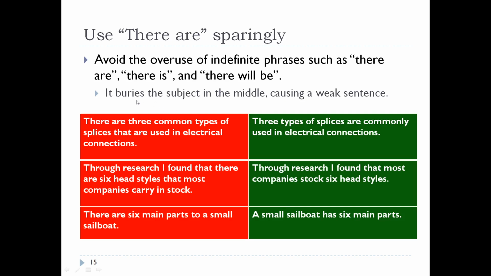So that is the purpose. "There are," "there is," "there will be" appears at the position of the subject, which is a dominant position. This is a very weak construction at a dominant position. And the main idea of the sentence, the subject of the sentence, is pushed into the middle of the sentence.